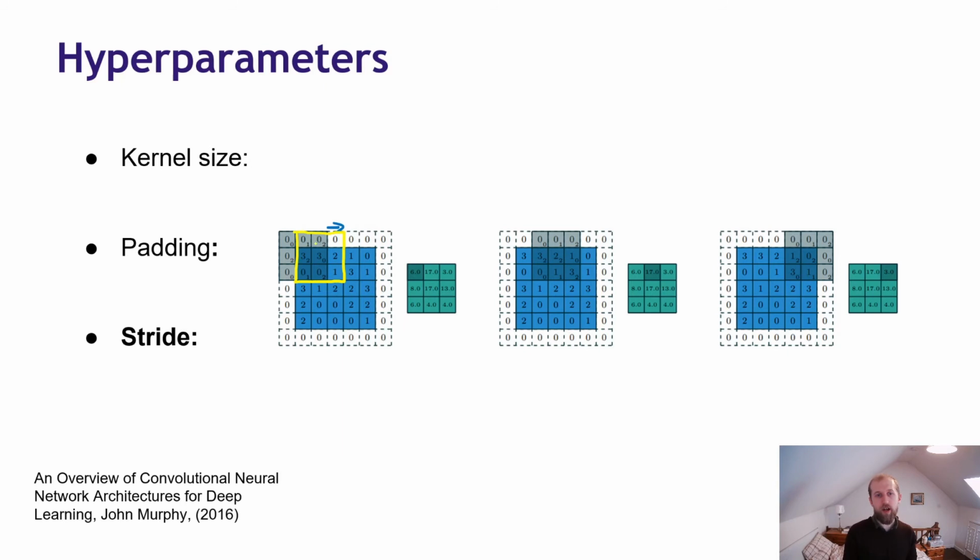And then after another move, it's going to move across a little bit further, like that. However, if we have a stride of 2, then we skip this yellow box and move straight to the orange one. And that's what's represented in this second image.